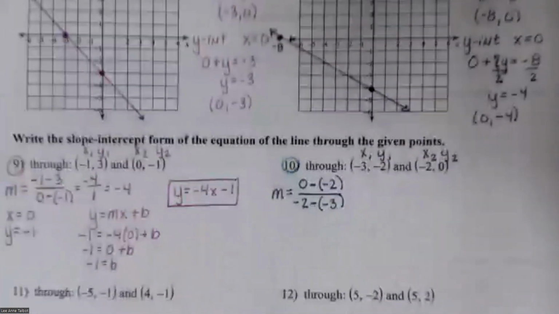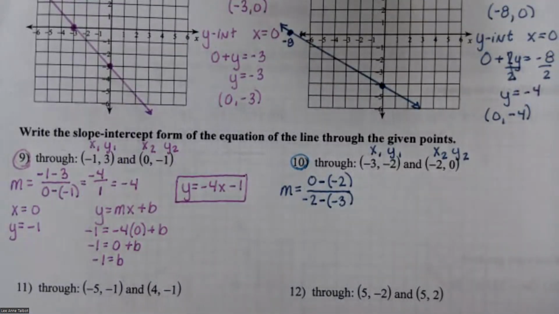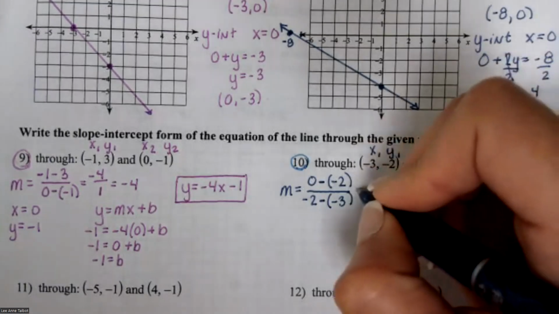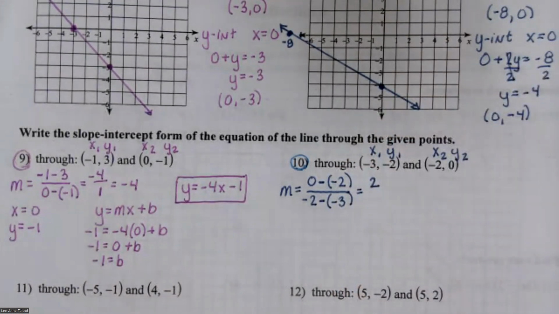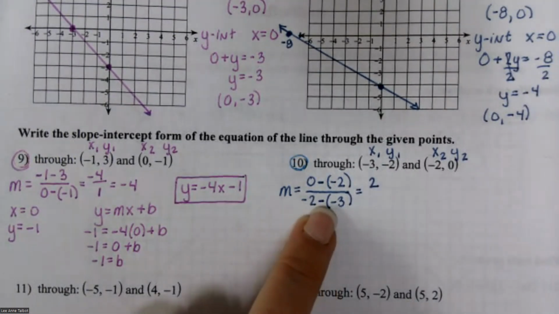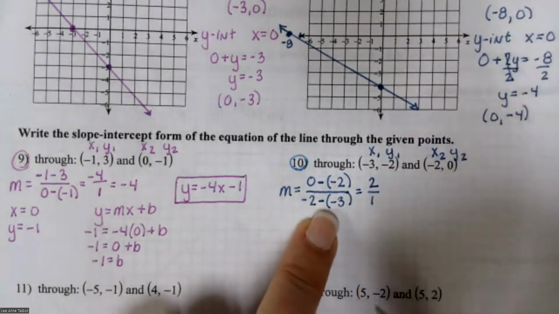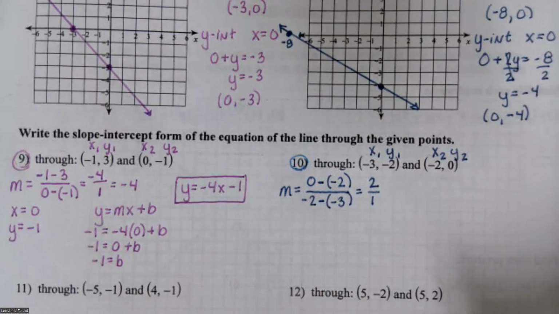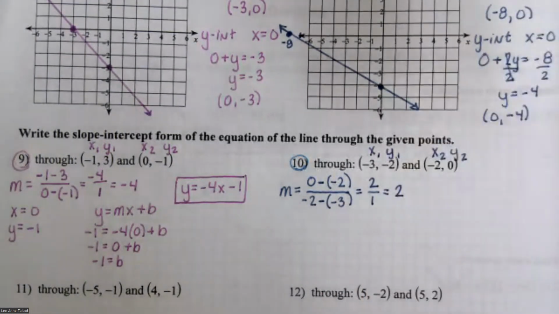With this one, you have to be super careful with the negatives. Super careful. Okay, so the top 0 minus -2, that becomes plus, which is just 2. And -2 minus -3, that also becomes plus, so that's 1. Equals 2.